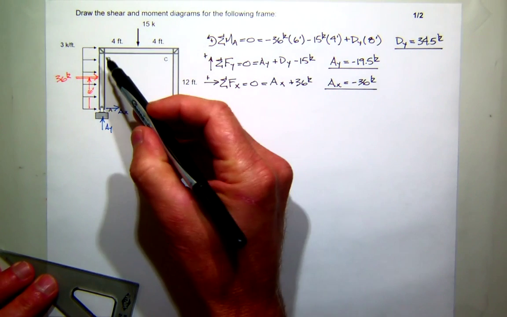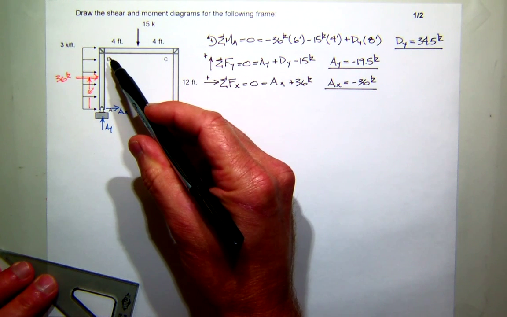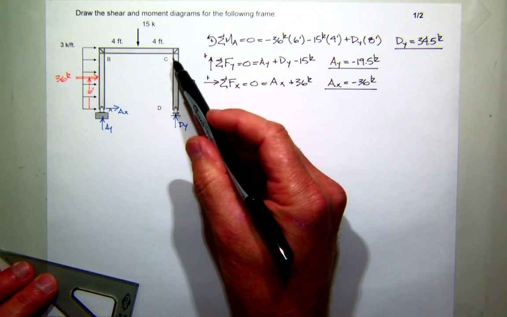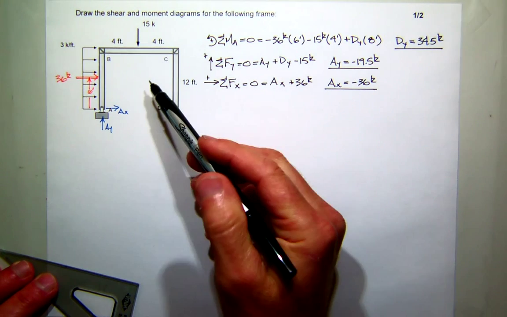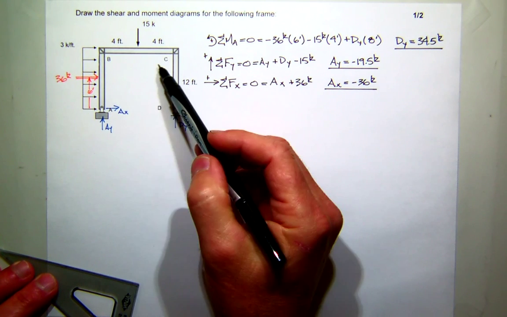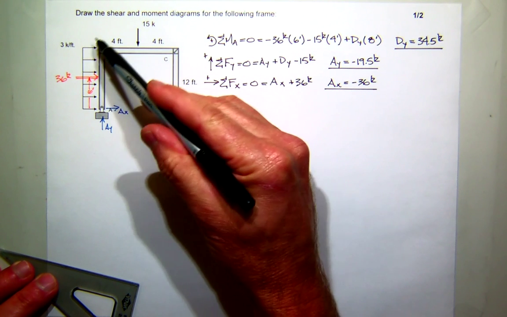Okay, so now we want to start taking the structure apart in this problem at B and at C and find the internal forces. Which free body do you want to use? Let's talk about B first.